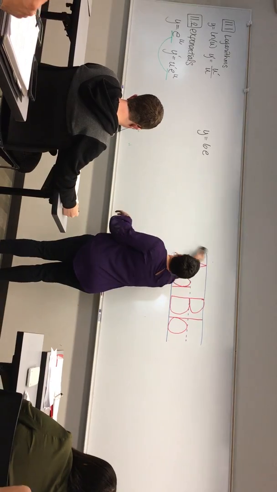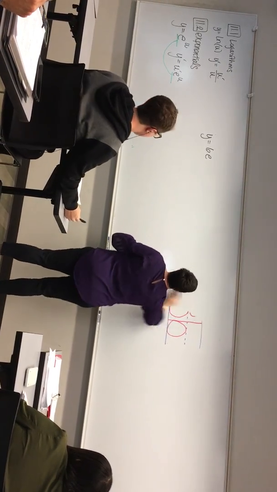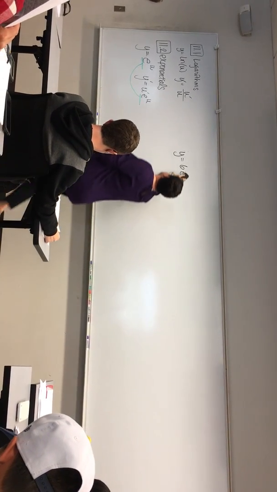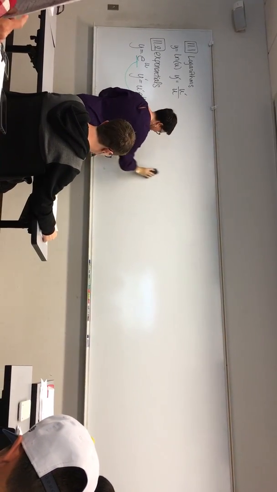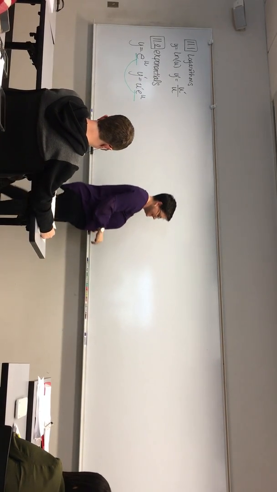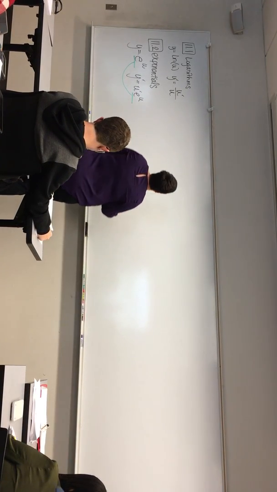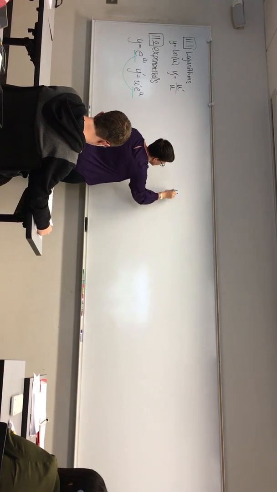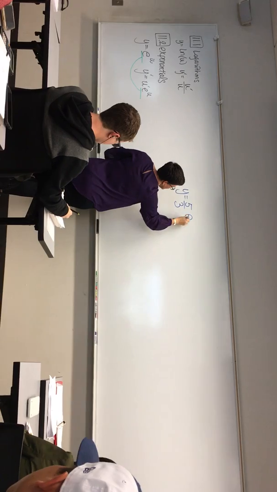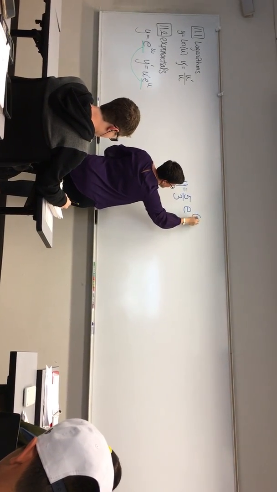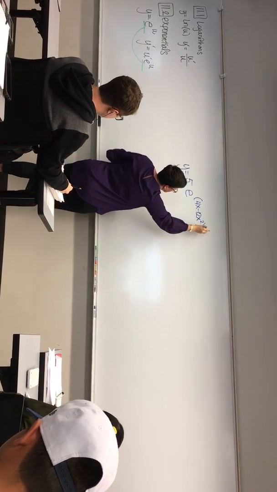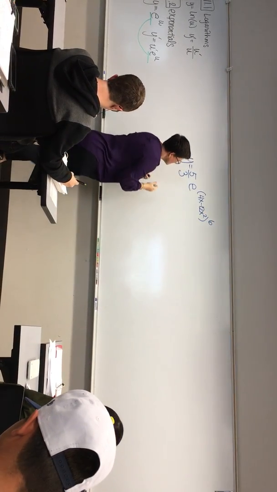I'm going to be very careful about keeping numerators and denominators and fractions stable. Y equals 5/3 e to the 4x minus 12x squared to the 6th power.